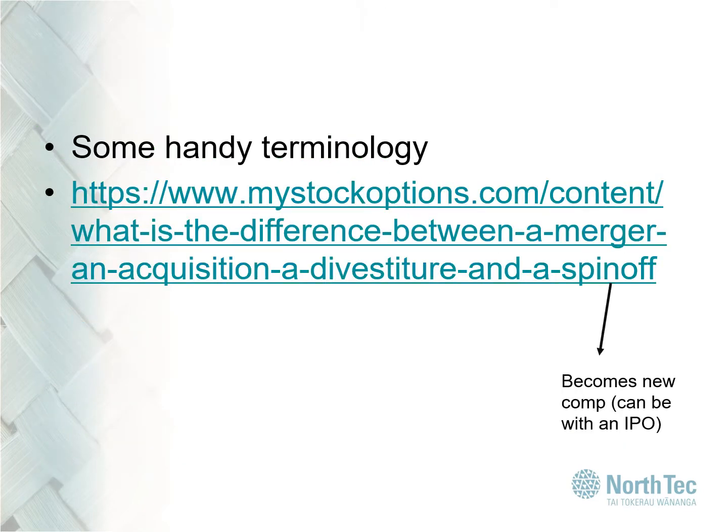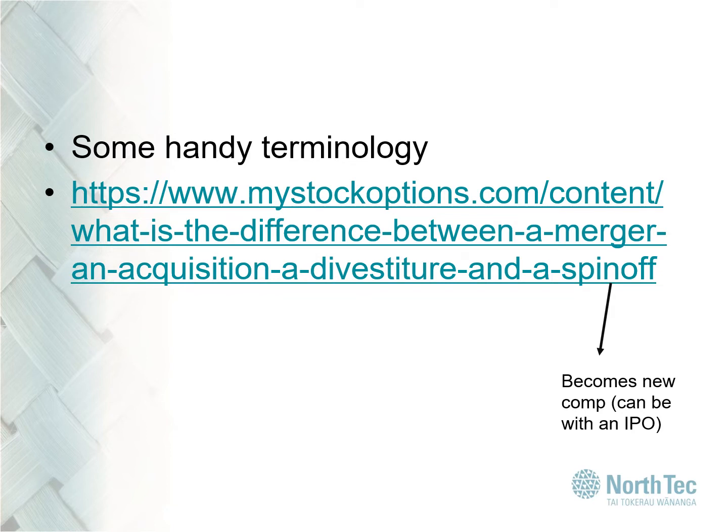If you click on the following link, it will take you to a site where you can see the difference between a merger, an acquisition, a divestiture and a spin-off. We all know what a merger is: when two companies become one and continue to trade as one in future. An acquisition is where one big strong company buys another company. Divestiture is where a company sells maybe a subsidiary or a certain portion of the company.